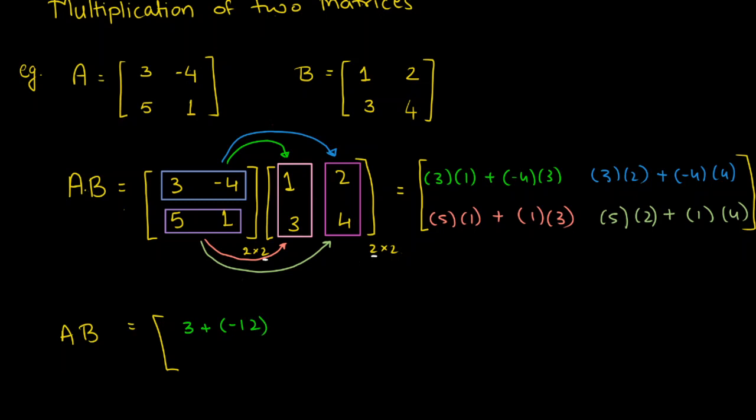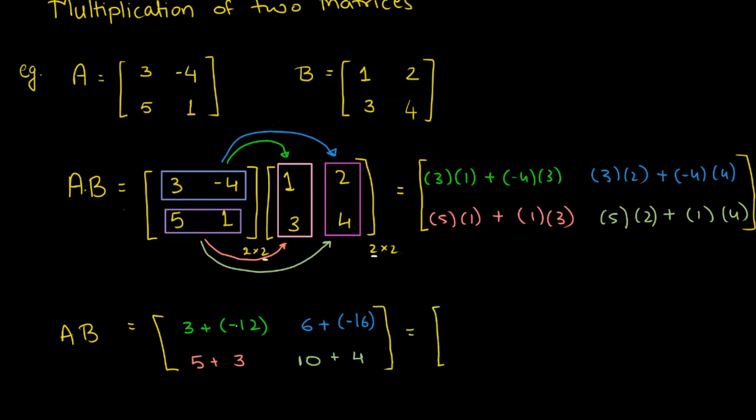Next we have 3 into 2, which is 6, plus minus 4 into 4 is negative 16, right? 5 into 1, which is 5, plus 1 into 3, which is 3. Then we have 5 into 2, which is 10, and 1 into 4, which is 4, right?